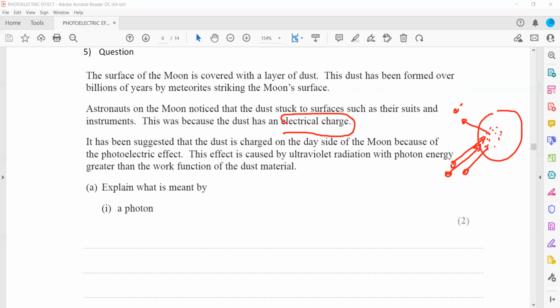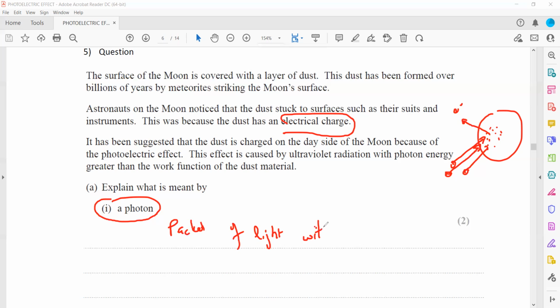So what is meant by the term photon? How do we define the term photon? A photon is a particle of energy, or a particle which carries light energy. So a packet of light, we can also say a packet of energy. A simple definition: it's a packet of light with a fixed energy, with quantized energy.